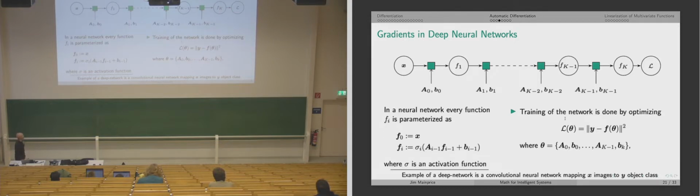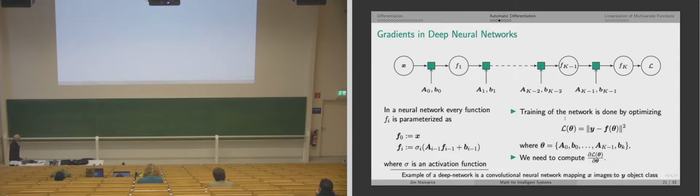What we are looking for is the best combination of weights and biases such that we minimize the least squared objective. And so we need to compute again the gradient of the loss with respect to the parameters, and we are going to do this using, of course, the chain rule.